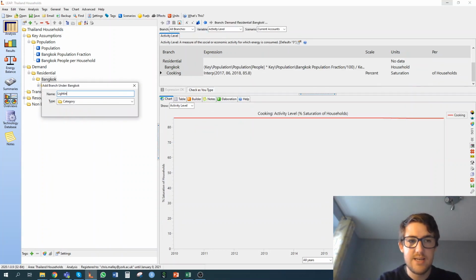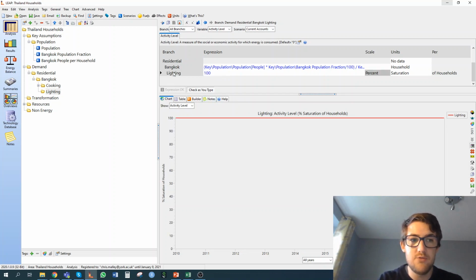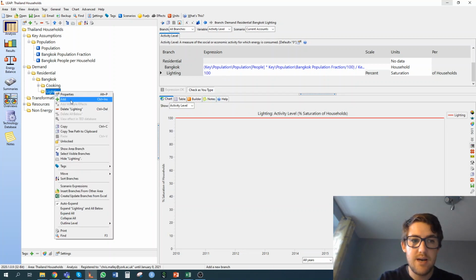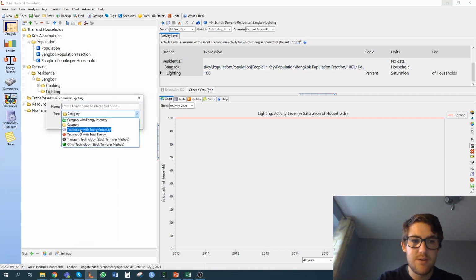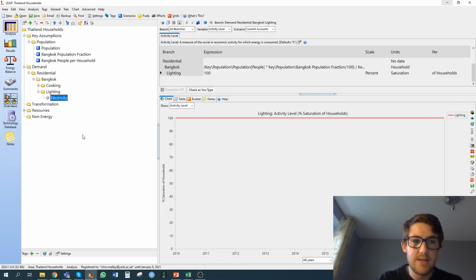So we could add lighting. And then we need to know the percentage of households that have lighting. So we assume 100%. And then we would want to add our fuel, which would be electricity.